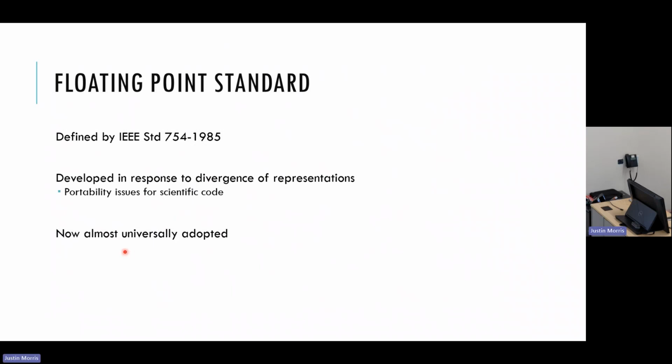It is now almost universally adopted. There's not many other representations used. There are 2 representations: single precision, 32 bits, and double precision, 64 bits.